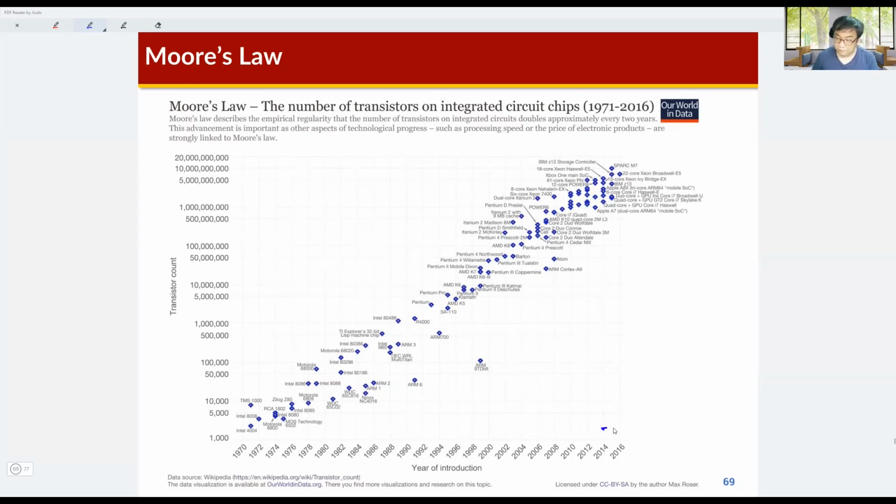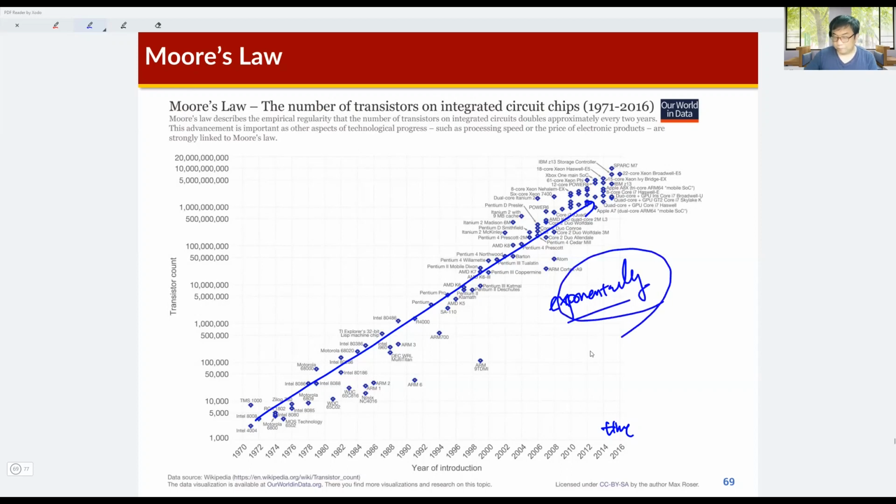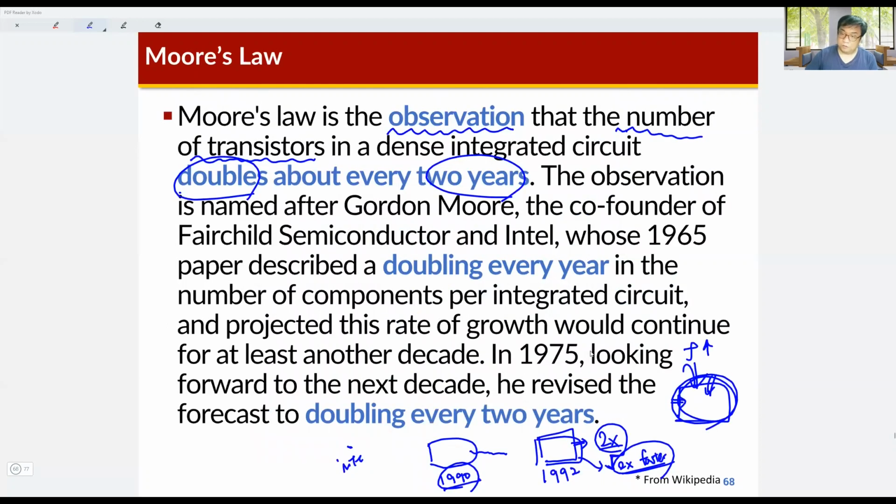It's time. As you can see, the number of transistors by year increases exponentially, similar to Moore's law.